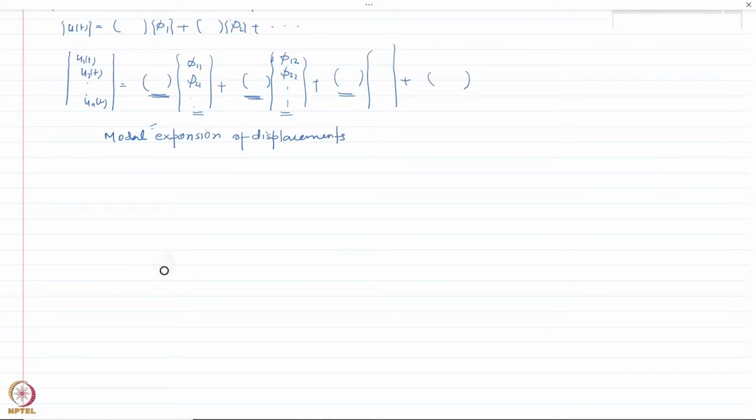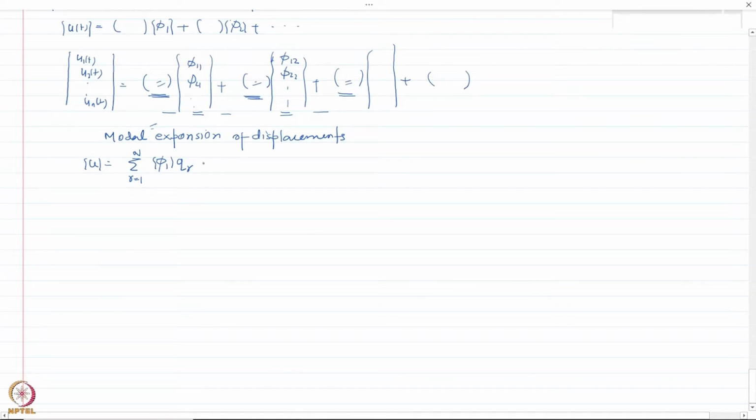So let us assume that the vector u is, basically, I'm just going to write the expression that we had written here in terms of summation. Let us say we have n modes here, n degrees of freedom. So we'll have phi r, which is the mode shape, times q r. And this q r is basically these factors that I'm talking about. So our goal is to find out those q r's.